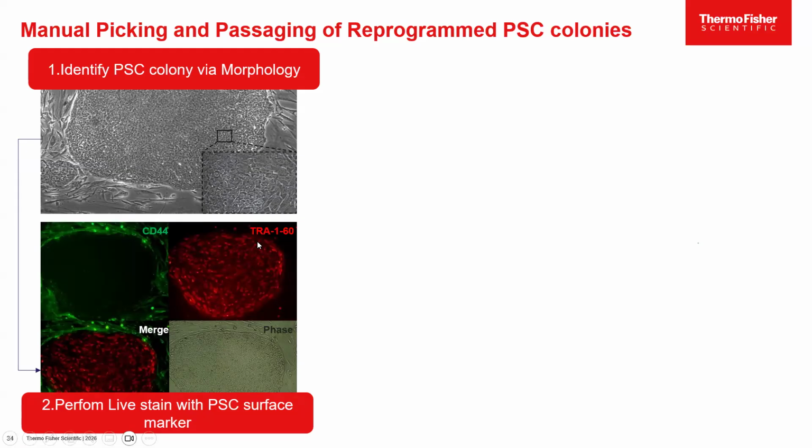In this case, you'll see two live stains, one labeling TRA160, which is a cell surface marker commonly used to label pluripotent stem cells, while another live stain was used to label the fibroblasts with CD44. And the idea is you want to pick the red cells and not the green cells, knowing that the red cells are the ones that reprogrammed, and your green cells are fibroblasts that still maintain that CD44 marker, right, which is a fibroblast marker.